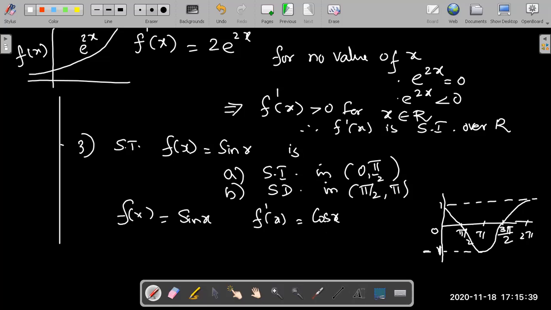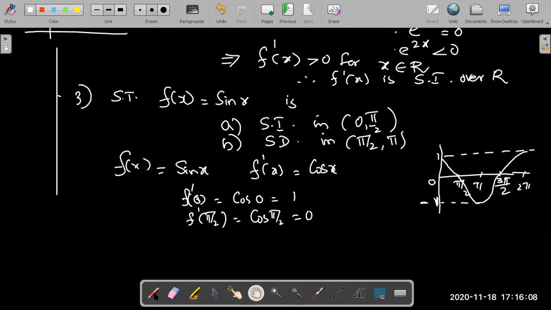Now we have differentiated, so we need to check between 0 to pi by 2. f dash 0 equals cos 0, that's equal to 1. Then f dash pi by 2 is cos pi by 2 equal to 0. Correct? Yes, sir.